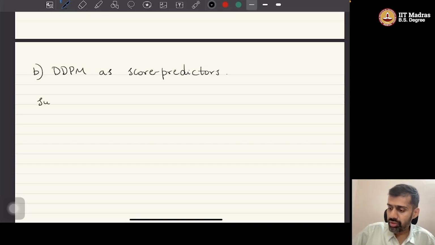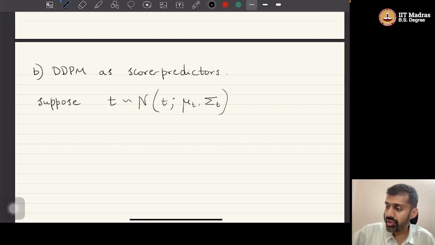Suppose there is a famous result in classical statistics that says the following. Suppose x_t is a random variable that is Gaussian, and let's say the mean of this Gaussian distribution is mu_t and the variance is sigma_t. Then there is something called Tweedie's formula.